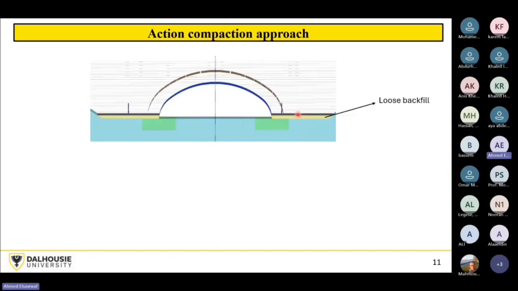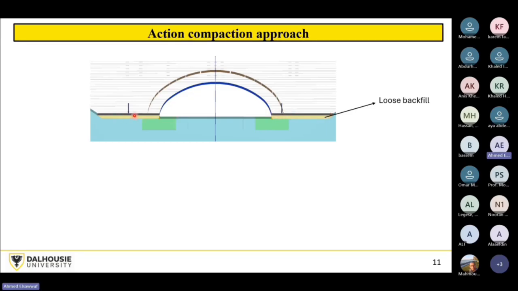Let's see. So the action compaction approach starts with placing our backfill on both sides to have balanced backfilling, but in a loose state. Loose state means small stiffness and low friction angle. And then in the same phase, remember to put your compaction effort.